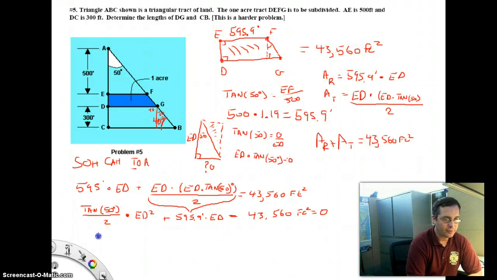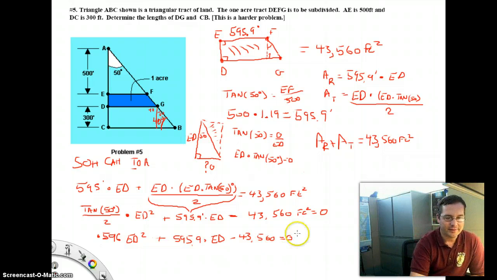So my coefficient for the ED squared term becomes 0.596, we'll say. We'll round it off. 0.596 ED squared plus 595.9 times ED minus 43,560 equals 0.